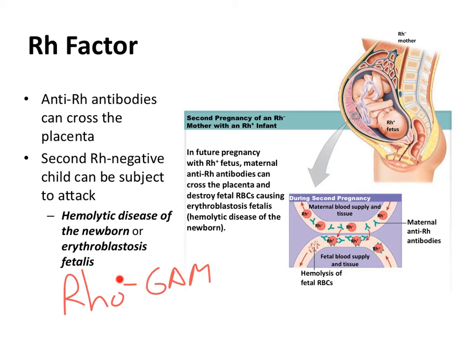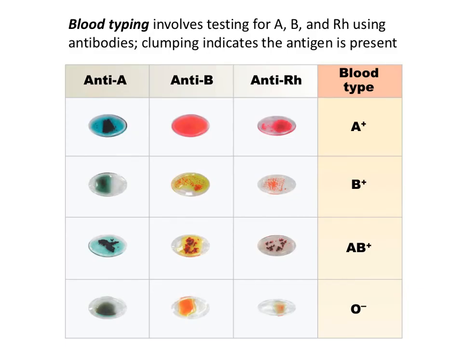And this particular serum is basically going to bind up the Rh factor so that the mother never gets sensitized to the Rh factor. And will never develop the antibodies, so subsequent offspring are not going to be placed in danger. And the very last thing about how you would actually determine the blood type is all about an agglutination test using various sera.